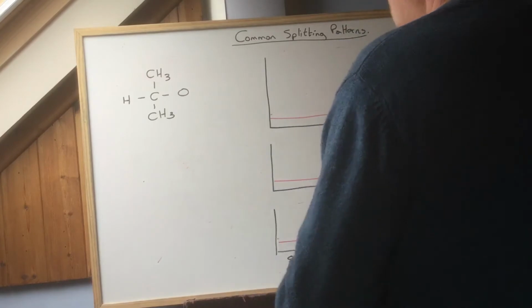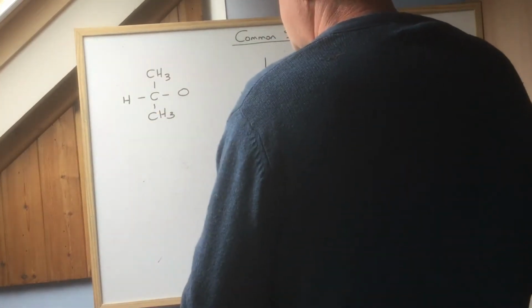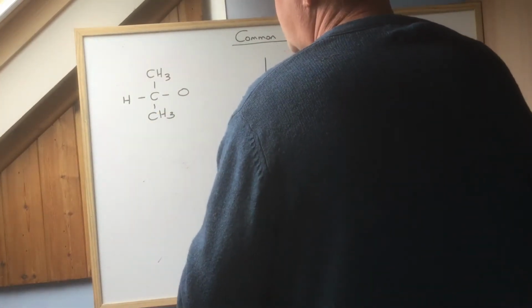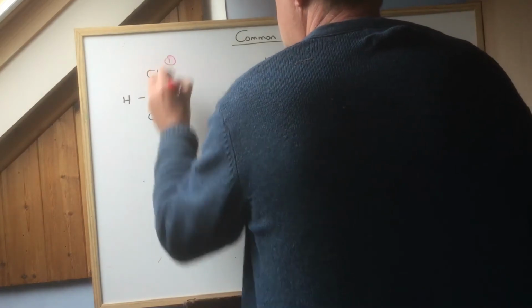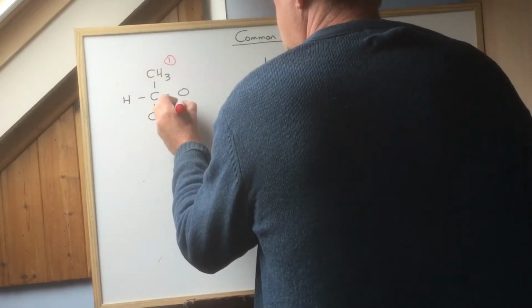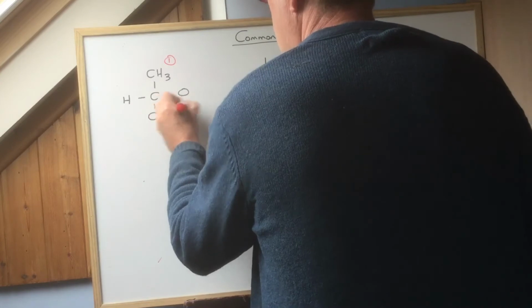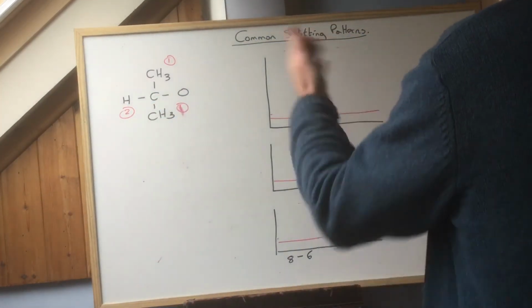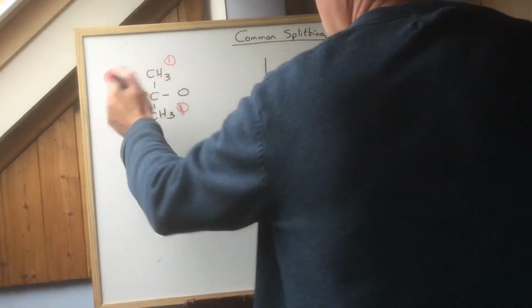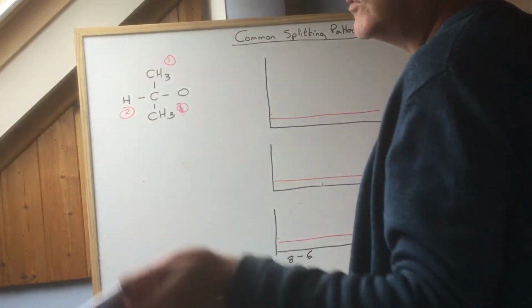Alright, so let's see. Proton-wise, environment-wise, 1 equivalent, 2, so 1, 2. Again, I'm not interested where they are in the chemical shifts. Okay, I keep saying that. Just in the splitting patterns. Now, I want you to have a go at this.